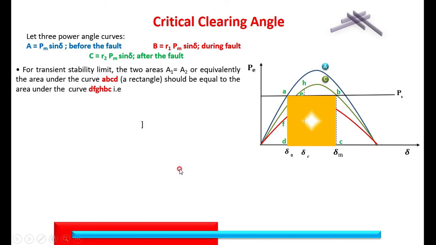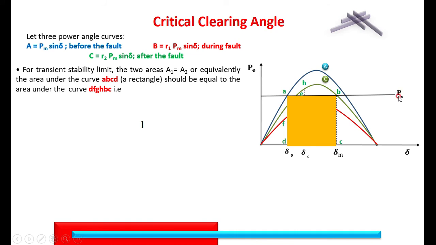Okay. Now I will write this in the form of an equation. This is the first area, ABCD, the area under the mechanical power. How do we write that?